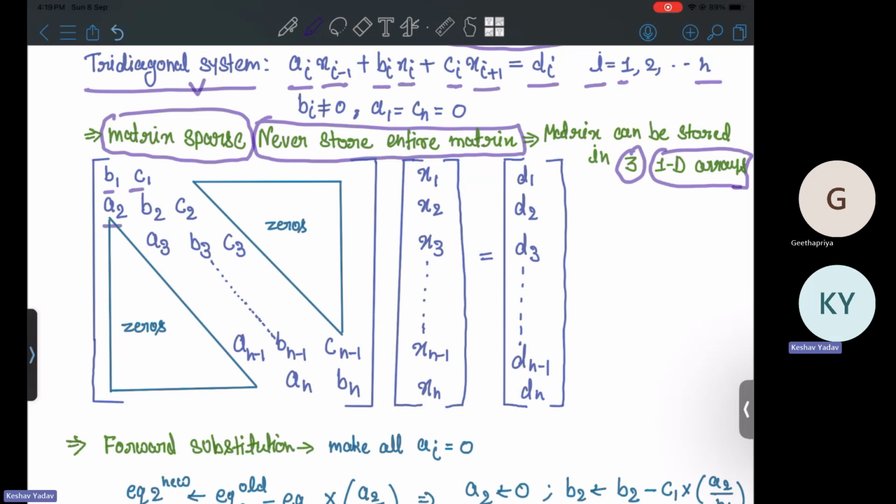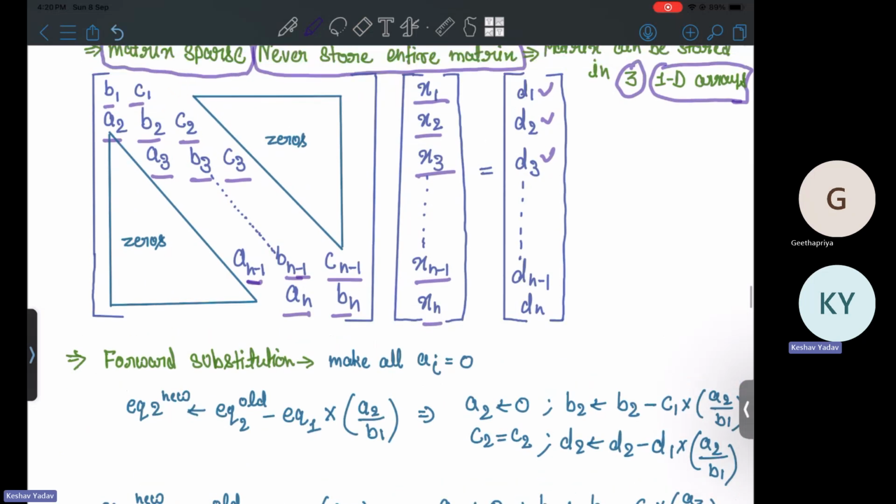Then the second row is a2, b2, c2. The third row is a3, b3, c3. Then a n minus 1, b n minus 1, c n minus 1, and in the last row a n, b n. The column vector of unknowns is x1, x2, x3, up to x n minus 1, x n. On the right-hand side we have d1, d2, d3, and so on. This we wish to solve.